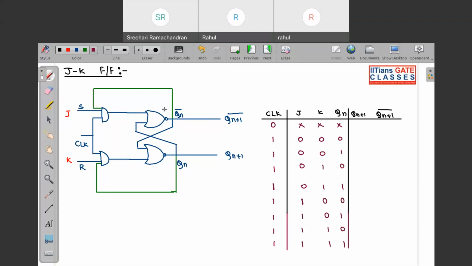See, because over here we have taken this feedback from your present state to your input, complemented also, and normal also. Just remember this.